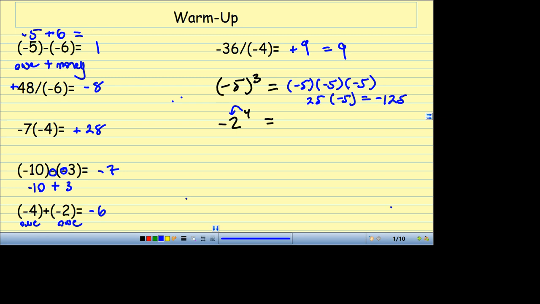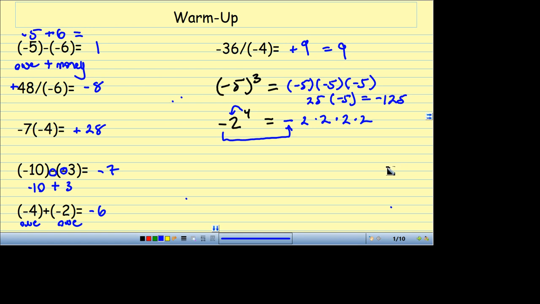It does not affect the negative unless it's in parentheses. So in this case, if I expand it out, this negative just goes right there. And now I do 2 to the 4th, or 4 2's. Again, the power does not affect the negative. The only way it does is if you put the negative in a parenthesis.